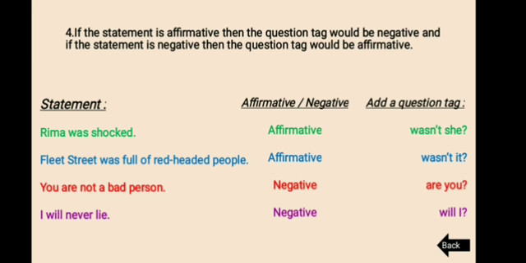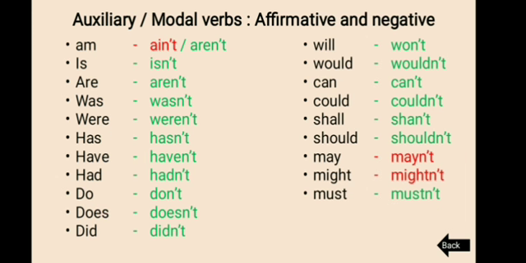I hope you have understood exactly how the question tag is formed by now. But still, very often students get confused with the auxiliary and modal verbs in the statement, and how exactly their negatives are to be formed. So here I have listed certain modal and auxiliary verbs in their affirmative and negative forms. The very first one, am, a simple present tense verb, is often written in negative form as ain't, that is am plus not, ain't or aren't.